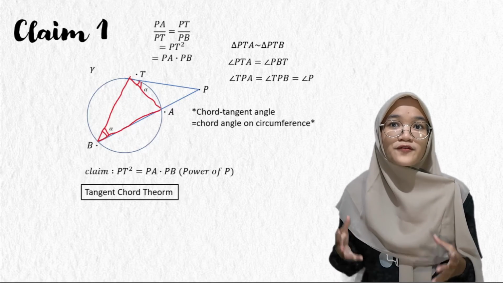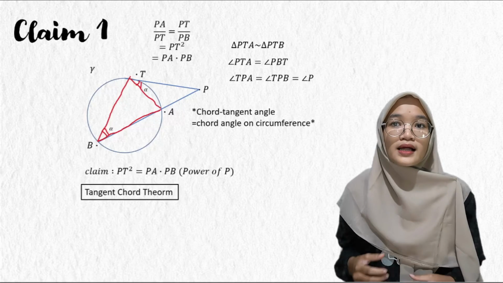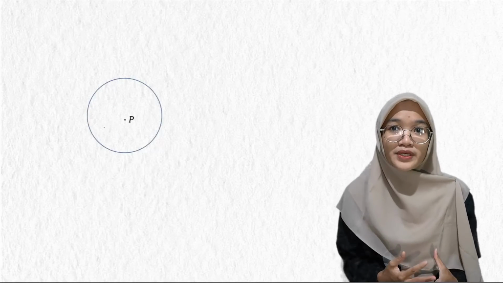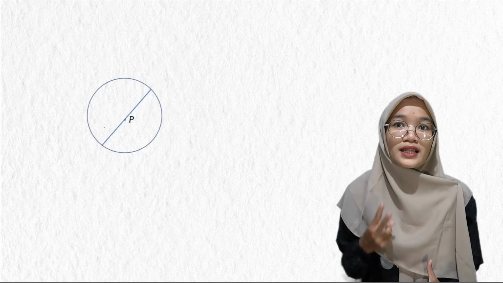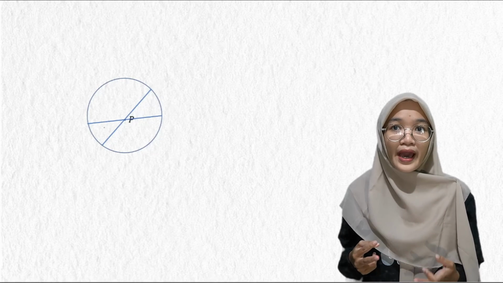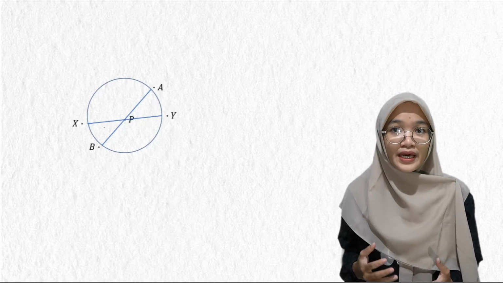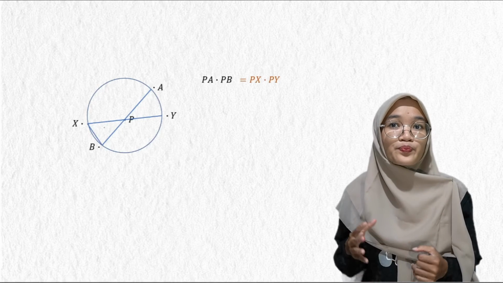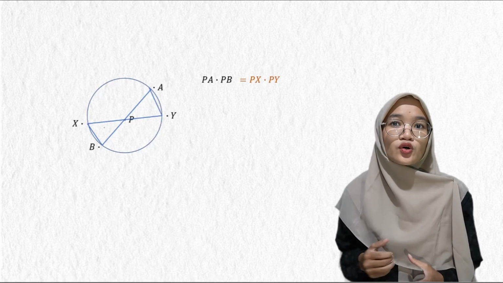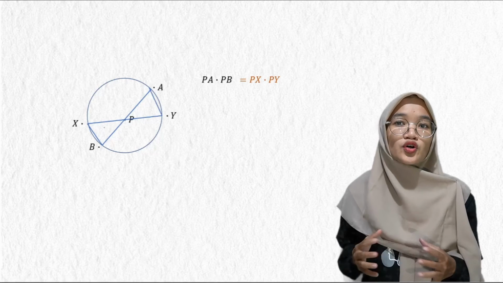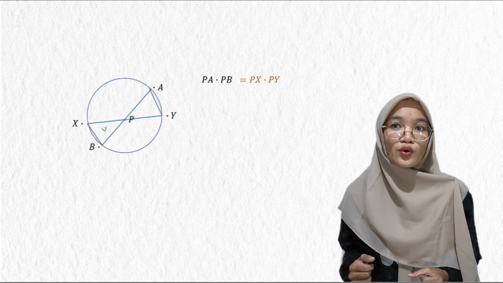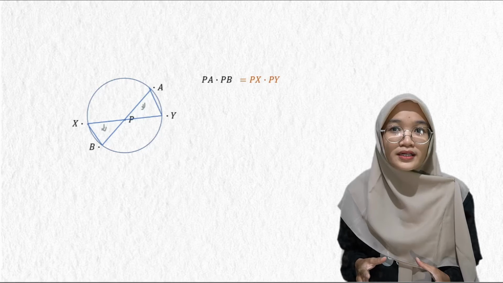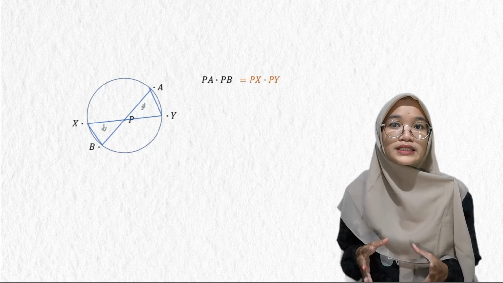So that was the first claim. The second claim is that if I have a circle and a point P, and I draw two chords like this, AB and XY, then PA times PB is equal to PX times PY. This one is also quite simple. Just join these two and show that these two triangles are similar.